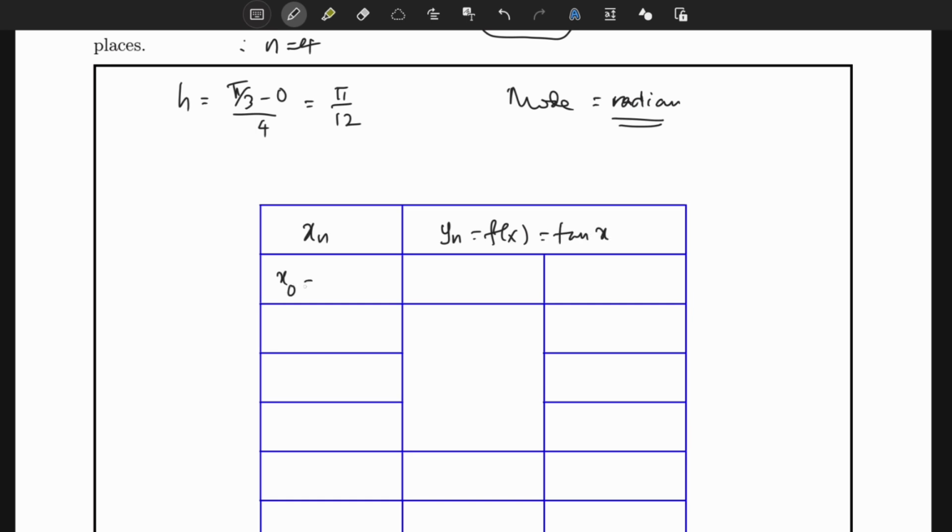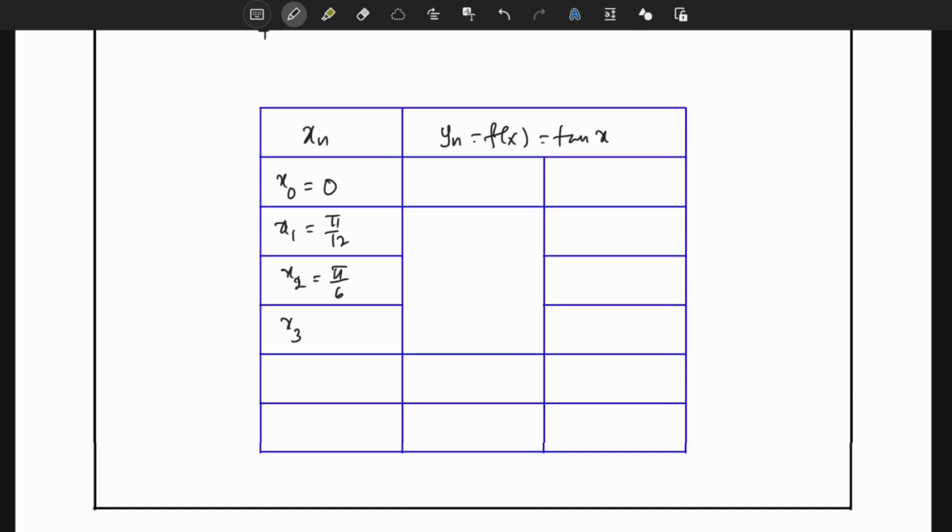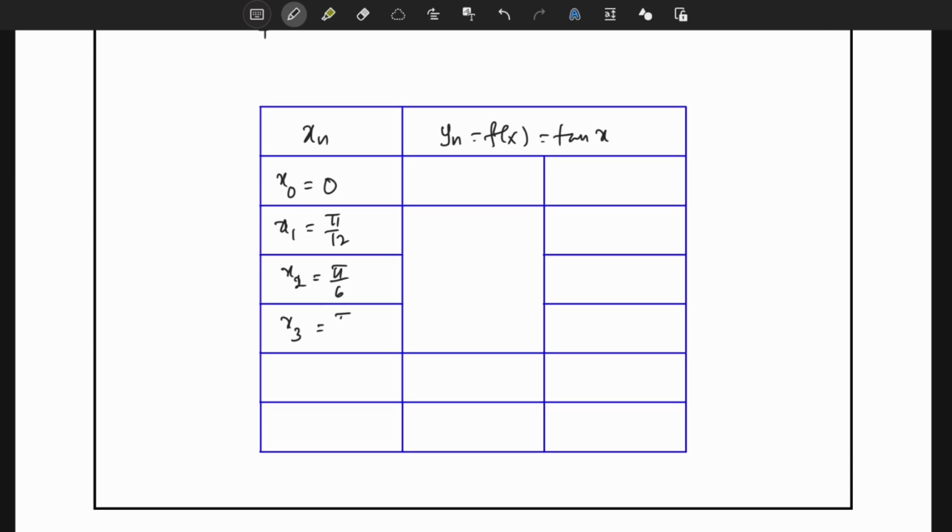Start off with x0, that will be 0. x1 is pi over 12. x2 will be pi over 12 plus pi over 12, 2 pi over 12, that is pi over 6. x3 will be pi over 4. Then x4, add pi over 12, we get pi over 3, and the last row will be total.